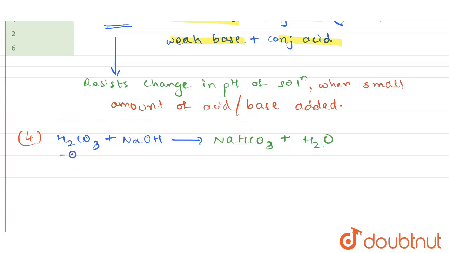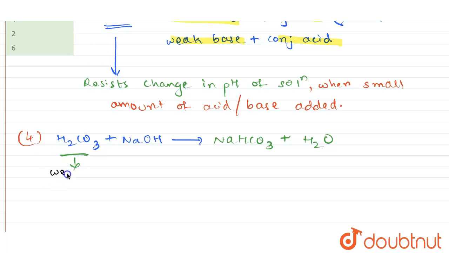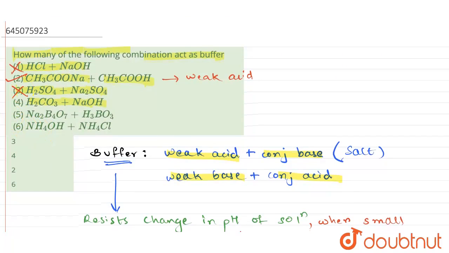So here this is the weak acid which is present, and this is the conjugate base. So our fourth option is correct, it can act as a buffer.